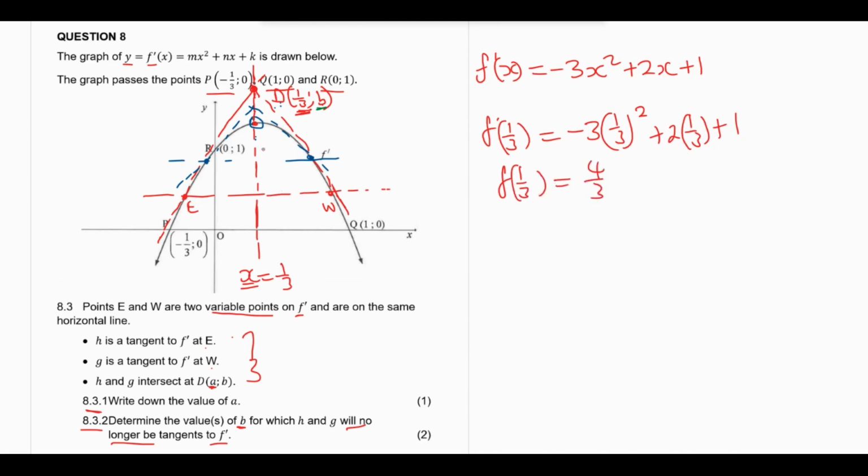So the coordinates of the turning point, let me write them here, are 1 over 3 and 4 over 3. B cannot be less than 4 over 3. If B is less than 4 over 3, then H and G are no longer tangents. So the values of B for which H and G will no longer be tangents of the graph of the derivative of f is when B is less than 4 over 3. That's the answer.